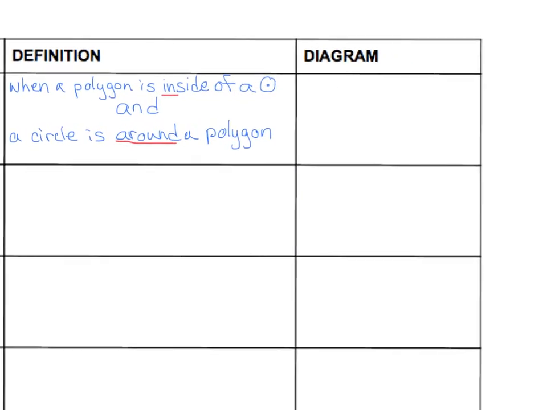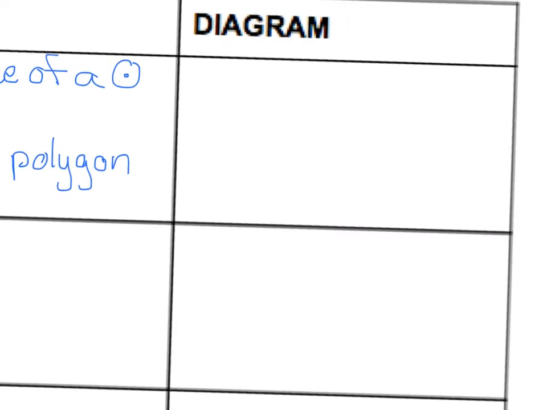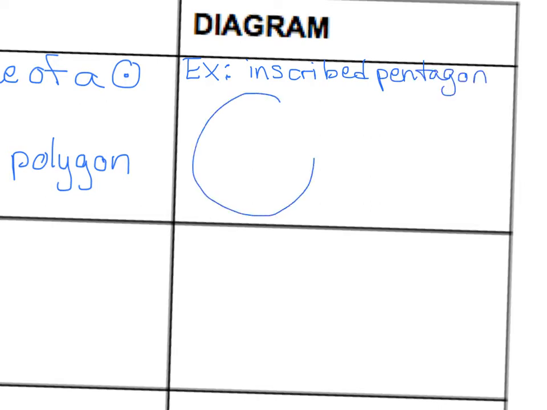So as we're thinking about what the diagram looks like when a polygon is inside of a circle, I'm going to take an example here of, let's say, an inscribed pentagon. And so when you have an inscribed pentagon, we're going to start with a circle, and the pentagon would be on the inside of the circle, meaning that all the corners of the pentagon are right on the circle itself.